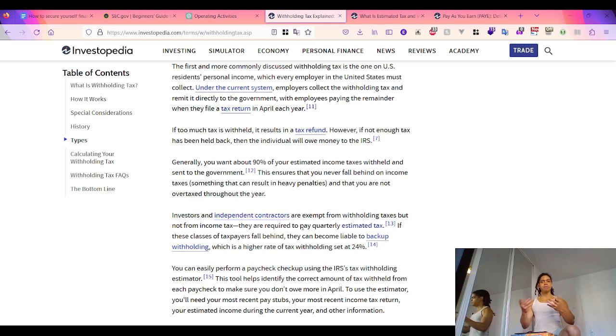An example of this is corporate taxes, which is money that a company owes to the government. Usually it is a flat rate of 21%, depending on the company structure, whether it's an LLC, S corp, or C corp.